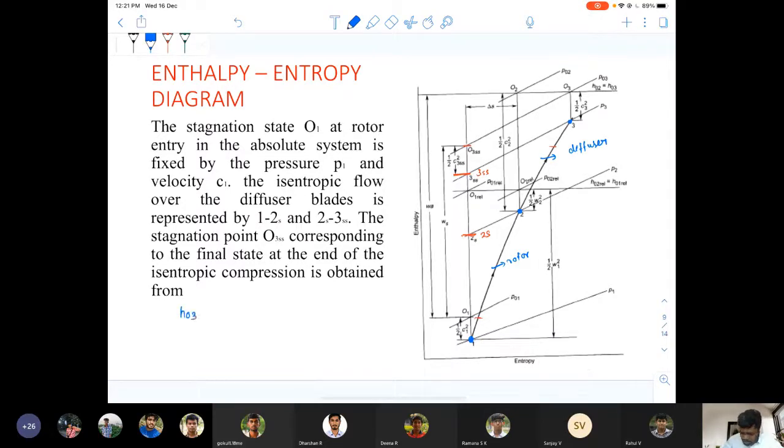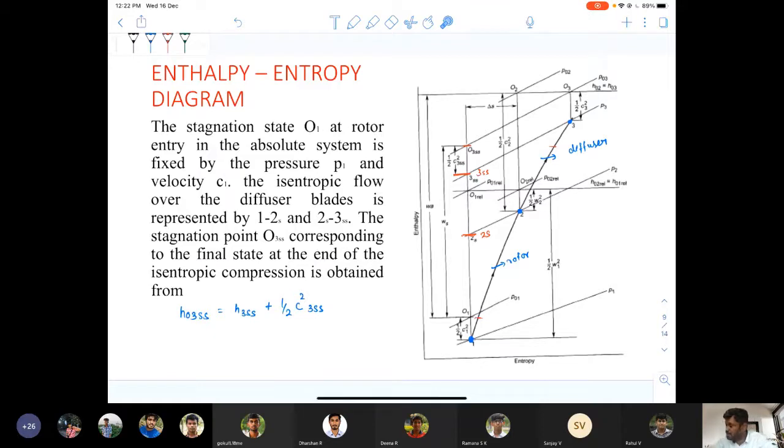H03ss is equal to H3ss plus 1 by 2 C square 3ss. Okay, we have converted this stagnation enthalpy into static and dynamic enthalpy. Therefore, we have represented it as H3ss plus half C square 3ss.